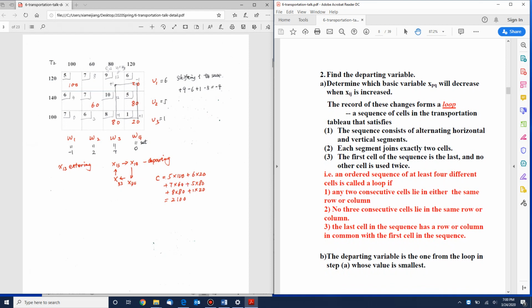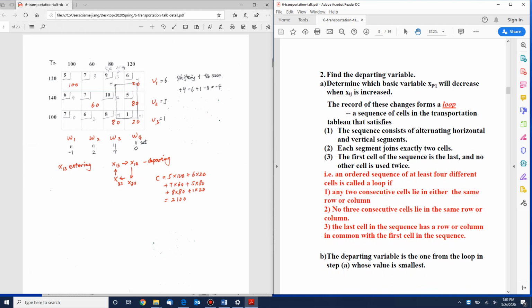So you only choose 2 cells connected vertically and then go horizontally. So when you choose cell 34 to cell 24, then you have to turn horizontally. So it has to be turned to what? Cell 22. You can't go up to cell 14. Okay, so in this way we set up the loop.